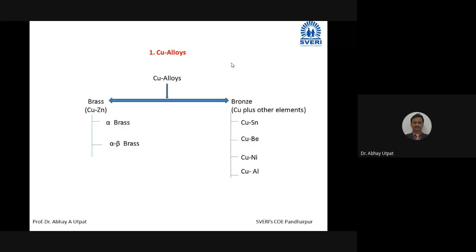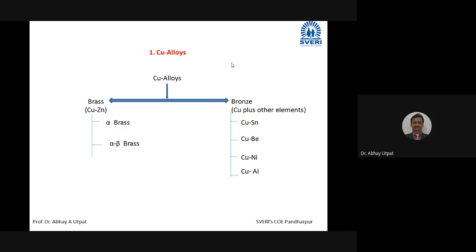Copper is what we call tambe, and then you are adding some elements into the copper to make it brass and bronze. Brass is called pital, and bronze is nothing but kansya. That's why in a number of competitions there are gold medal, silver medal, and bronze medal: Suvarna Padak, Rajat Padak, and Kansya Padak. Now we are going to see the details of it.